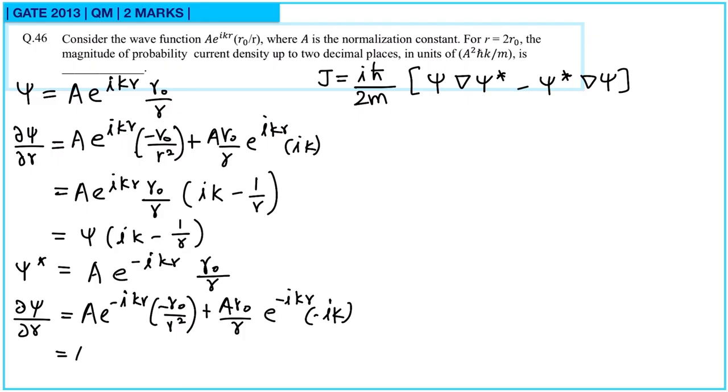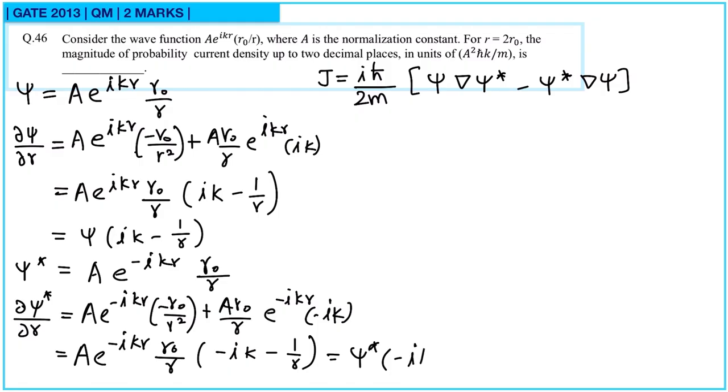This we can take common, so A e raised to minus i k r r naught by r, and in bracket we have minus i k minus 1 by r. And this first portion is psi star. So psi star in bracket minus i k minus 1 by r.